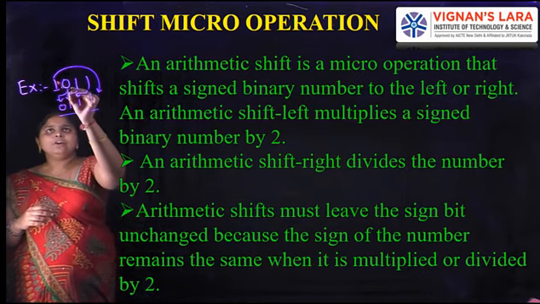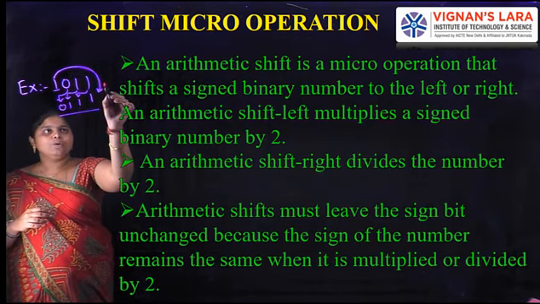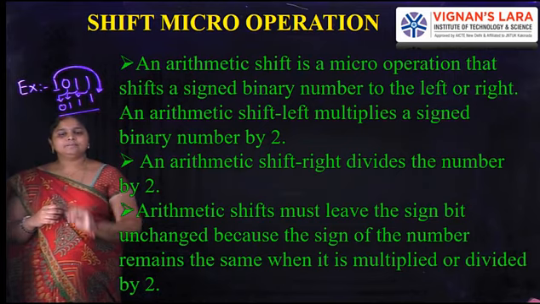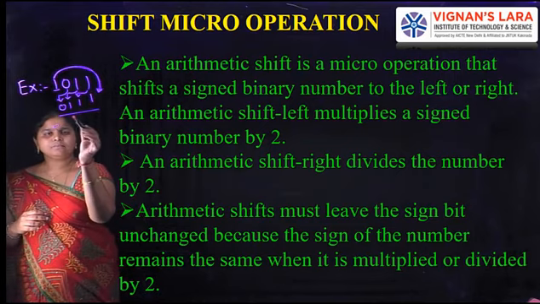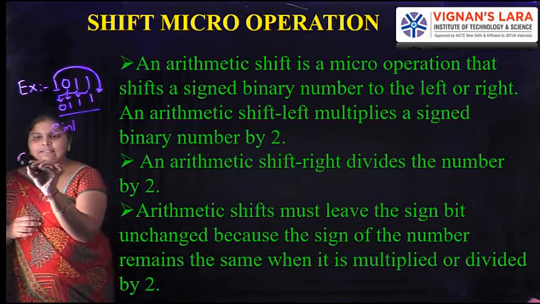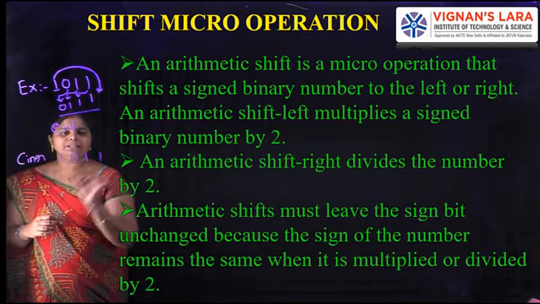Here circular means rotating: we transfer the leftmost bit to the right side. This is CIL. In CIR, we take the same example 1011.